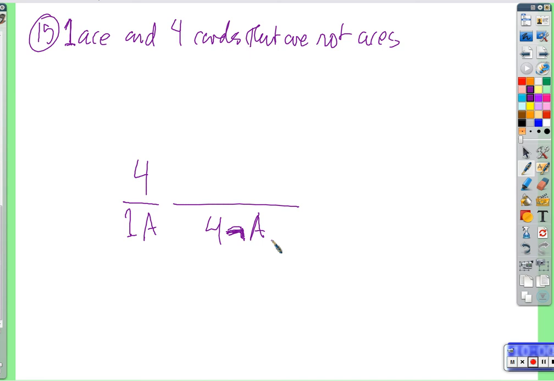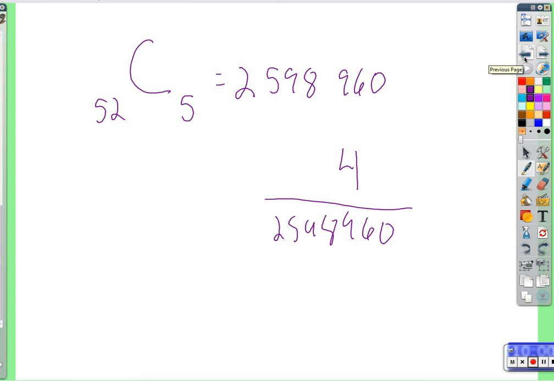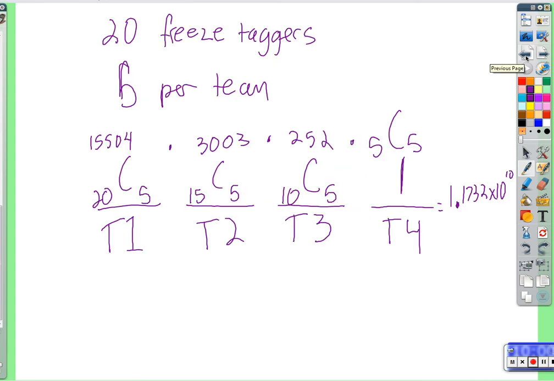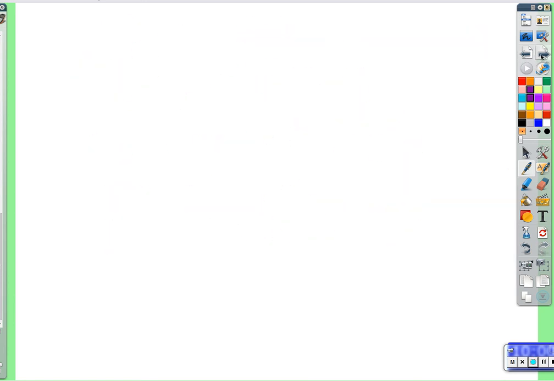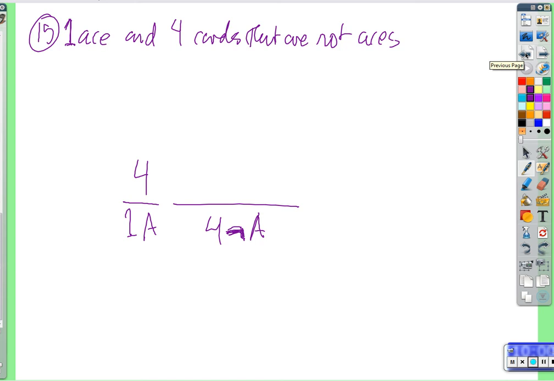No, because there are 48 ways to get one card that's not an ace. There are 48 cards that are not aces, so these are the cards we want to take from. Just like here we wanted to take from 52 cards, and before we wanted to take from 20 people, or 15, or 10, or 40 people. Here, we're going to take from 48 cards. How many cards do we want to take? 4 cards that are not aces.